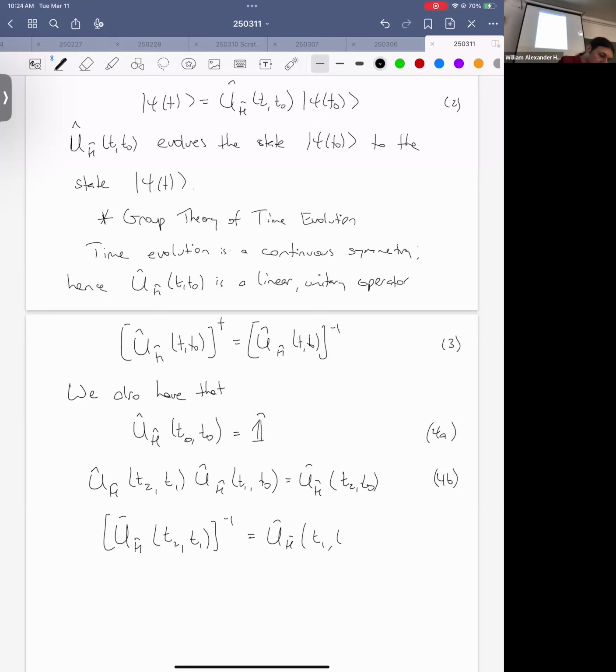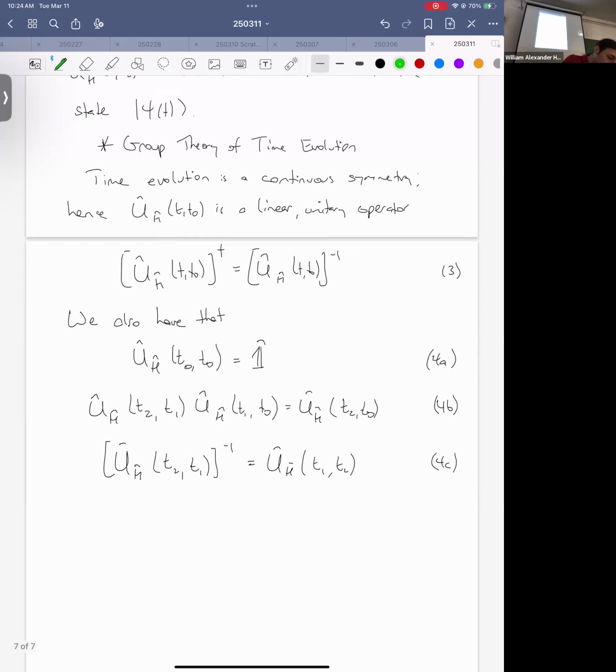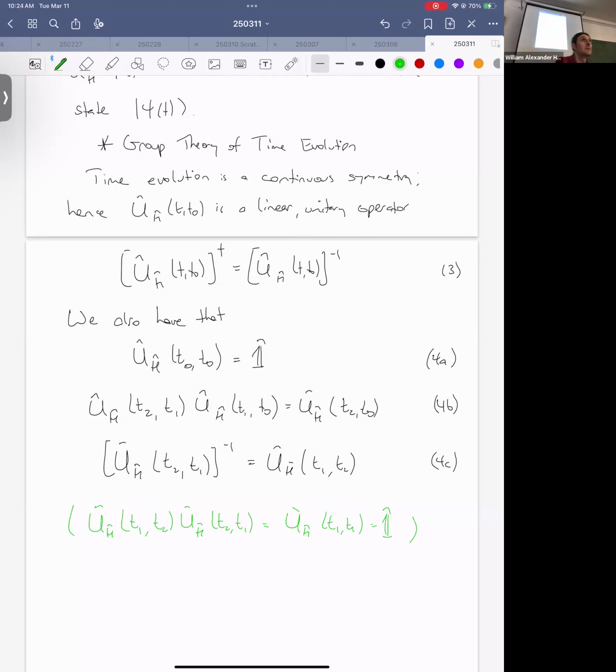Perhaps you can see that from U of t1, t2 following U of t2 to t1, from 4b, this is U of t1 to t1, but that's the identity by 4a. Good. Any questions? Great, thank you.